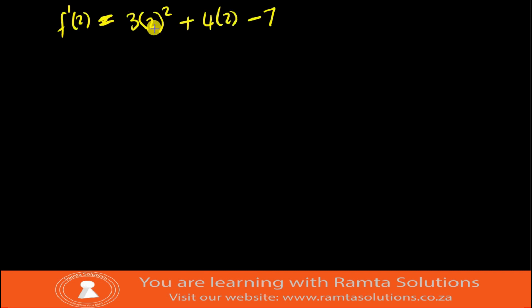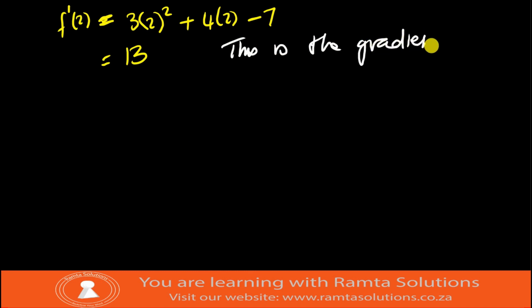So let's get this. This is 3 times 4 is 12 plus 8 is 20 minus 7 is 13. So f prime of 2 is 13. This is your gradient at x equals 2, meaning gradient at a point.